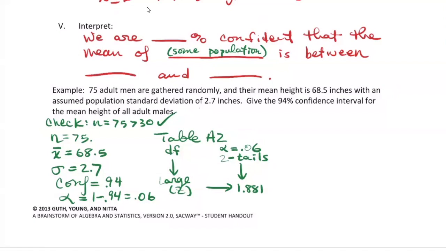This is so easy. You just go from there to your margin of error. So the error is z alpha over 2 times sigma over the square root of n. So the z alpha over 2 is the 1.881. Standard deviation was 2.7 over the square root of n, which was square root of 75.